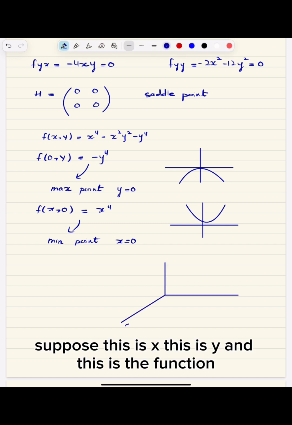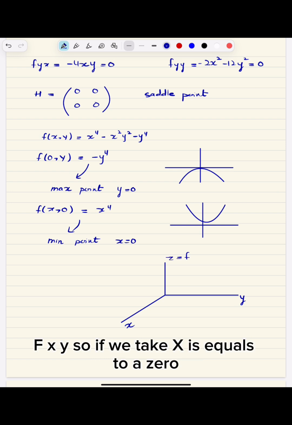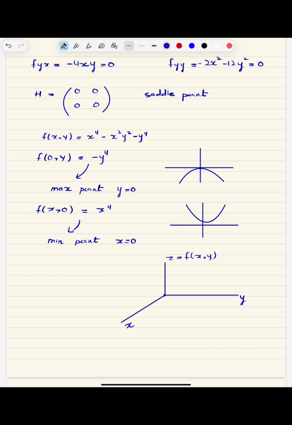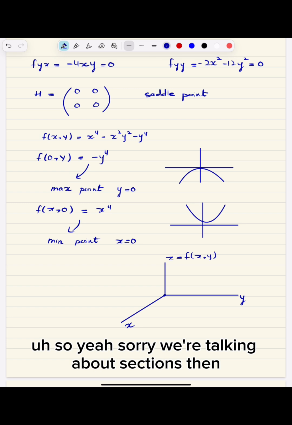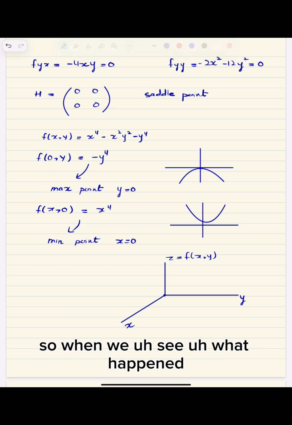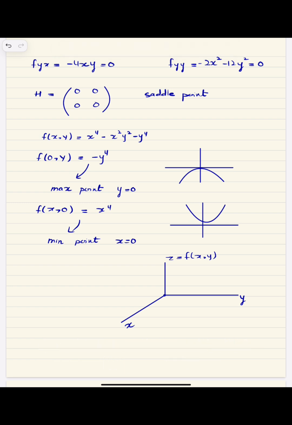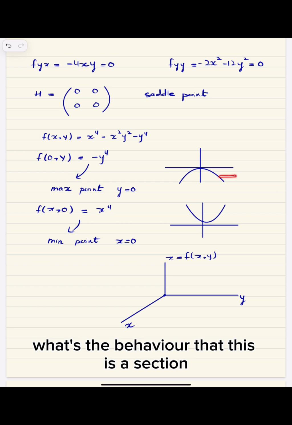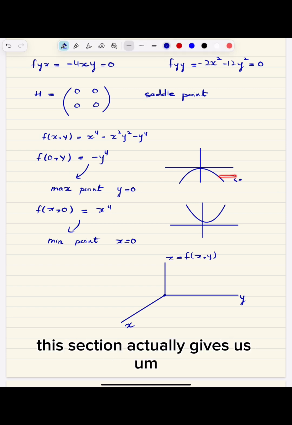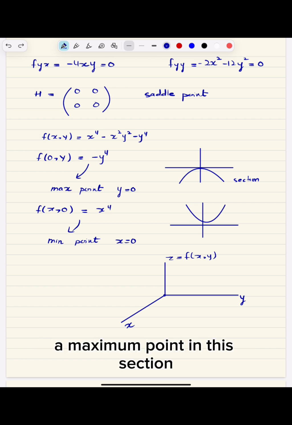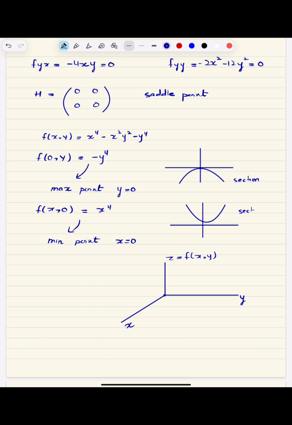Suppose this is x, this is y, and this is the function f(x,y). If we take x equal to 0, so yeah, sorry, we're talking about sections then. This section gives us a maximum point.